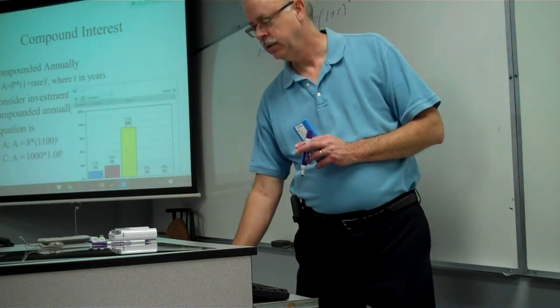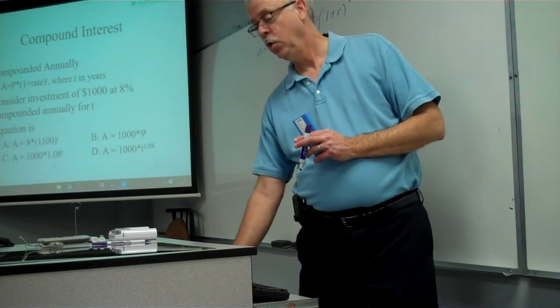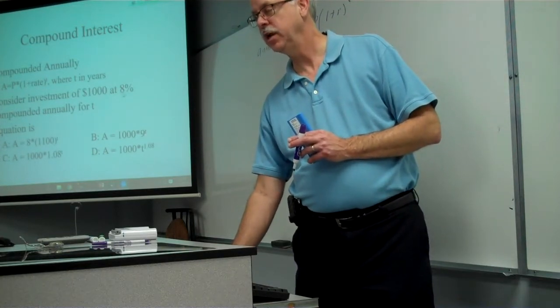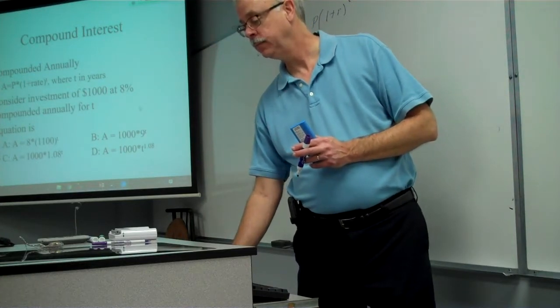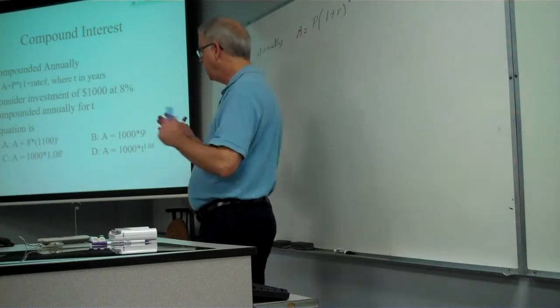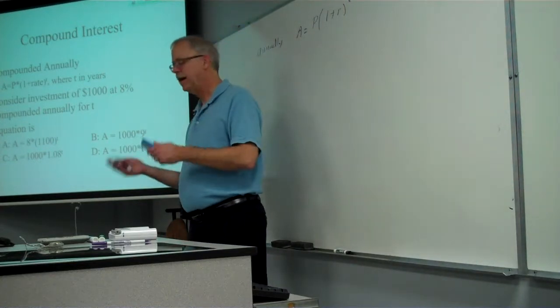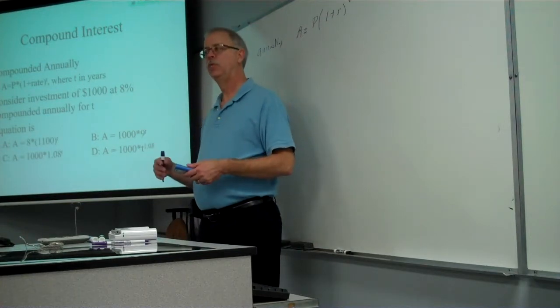And it would be C here. The initial amount is 1,000. 1 plus the rate, 1 plus 8% is 1.08. That's what we multiply by. And again, there are two ways we could think of this. We're adding in 8% of what we had, or we're multiplying what we had by 1.08.